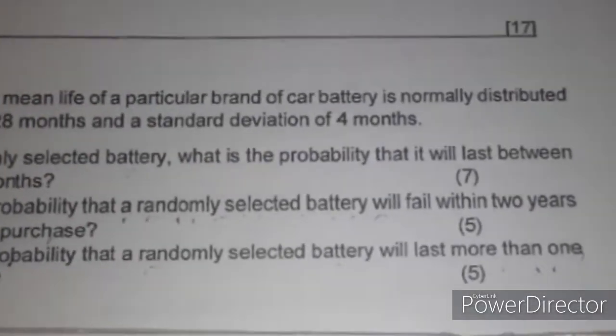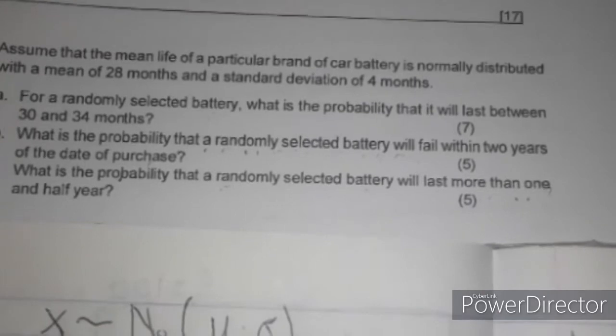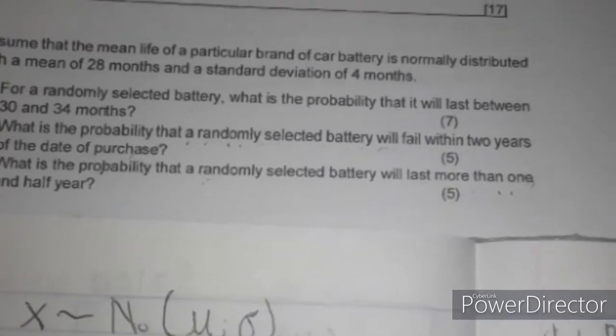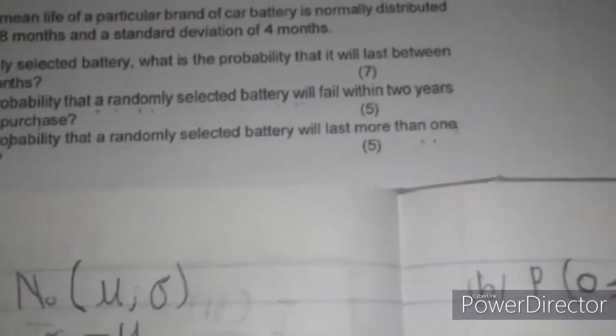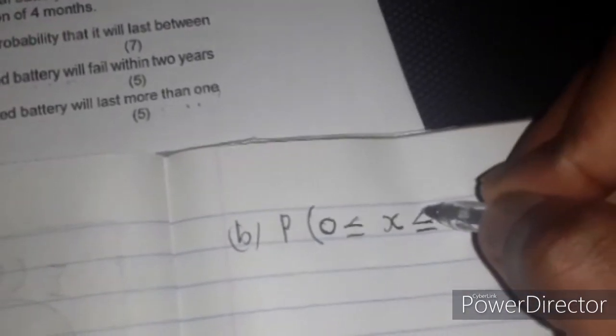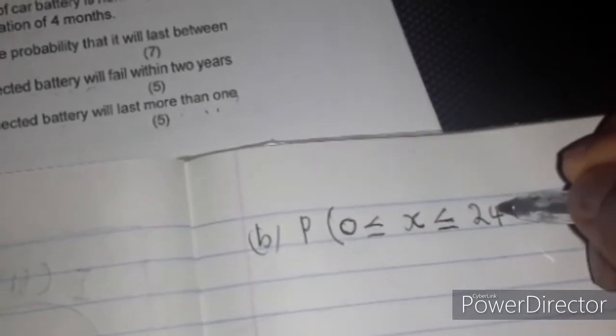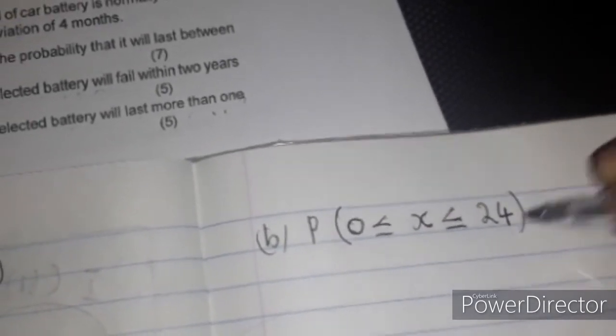A year is equal to 12 months, so 12 plus 12 is equal to 24. So we are going to calculate the probability that it will fail in 24 months, which is 2 years.